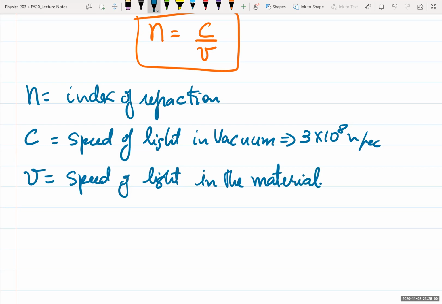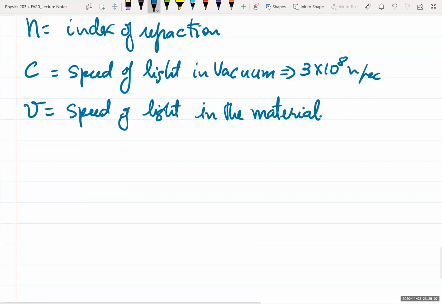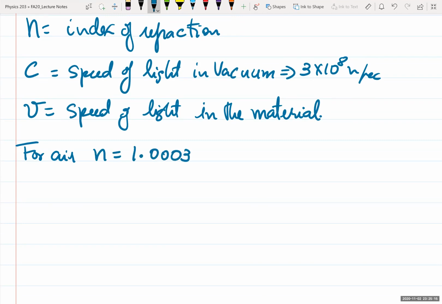Okay. So for air, n is actually equal to 1.0003. But we approximate it to be equal to 1, which allows us to say that the speed of light in air is equal to the speed of light in vacuum.